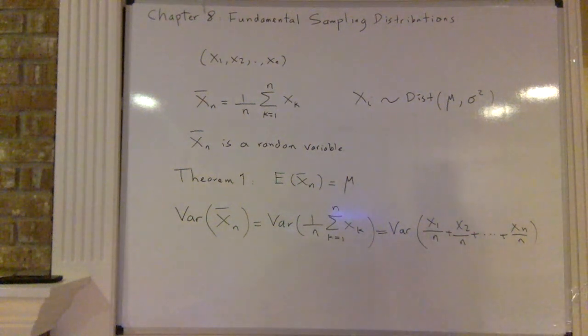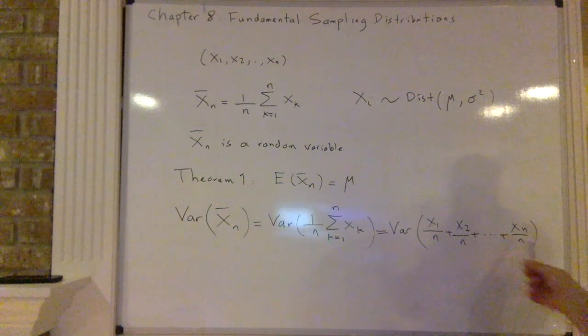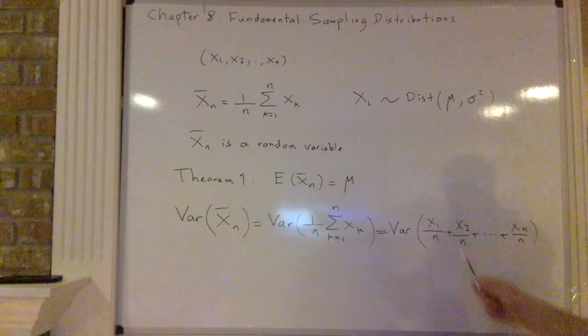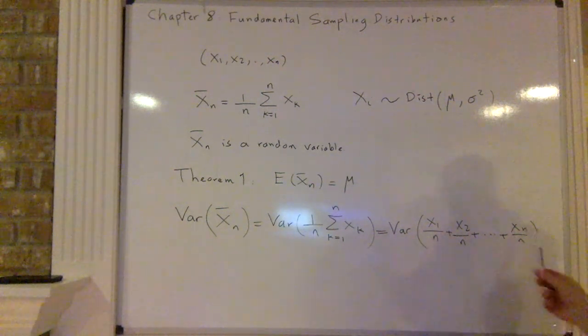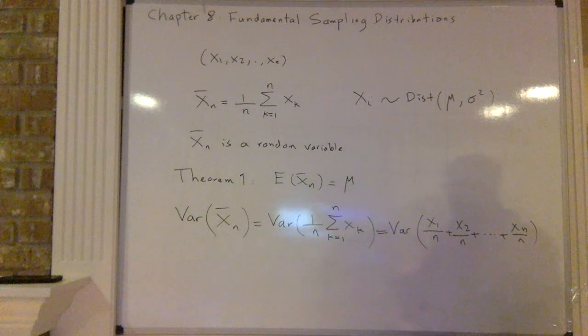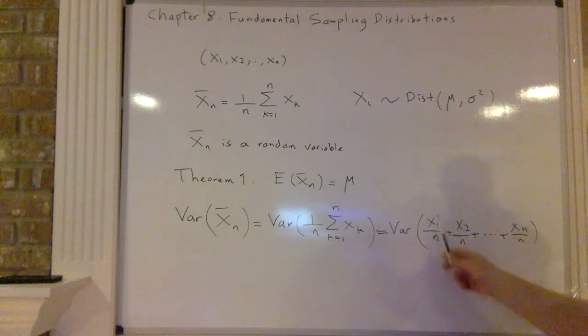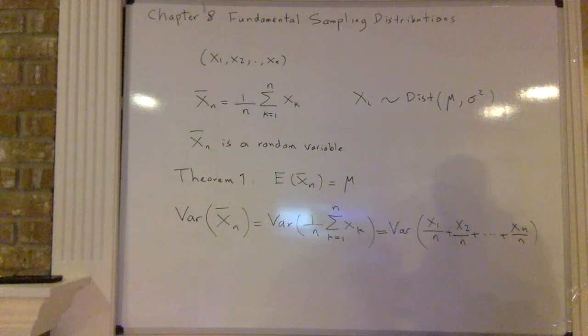Now each one of these is a random variable. I know, but it's divided by n, that's okay. Each one of these is a random variable, and we know these are independent random variables. So if we have independent random variables, variance acts like something linear, but it's not linear here. The variance of kx is in fact k squared times the variance of x.